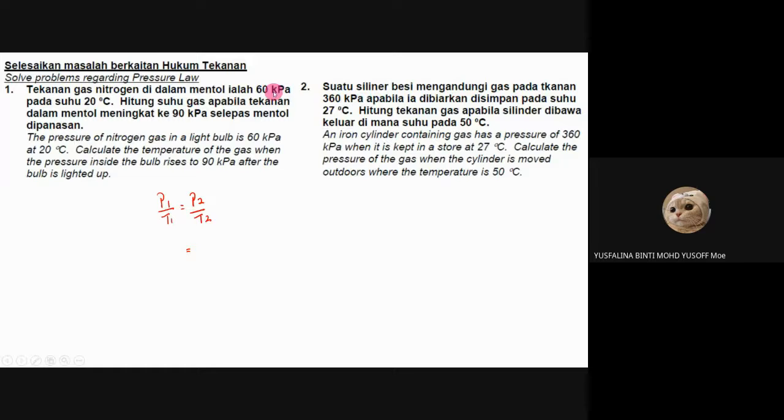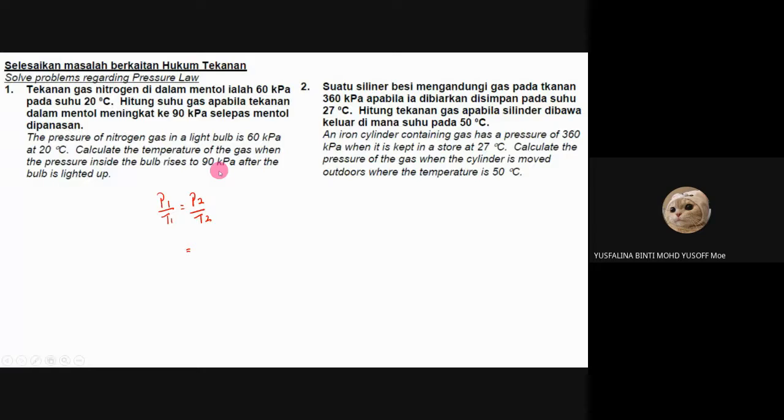Okay, this one they use 60 kilopascal. So teacher, should I change the kilo to times 10 power of 3 or times 1000? Okay, so you have to see what is the unit for here. They say this one is kilopascal and this one is kilopascal, so you don't need to change. But if they say this one is kilopascal and this one is pascal, you need to change, right?